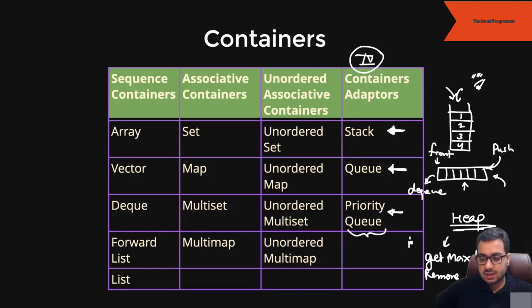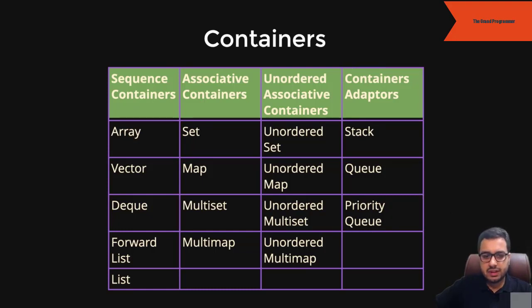So heap allows us these three operations: insert new data, get max, and remove maximum or minimum elements. These operations are supported in almost log n time, and this is what a priority queue is. So I hope you got a quick overview of the different types of containers that we have in STL, and that's all for this video.